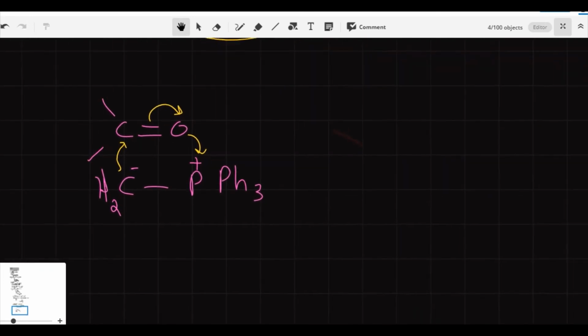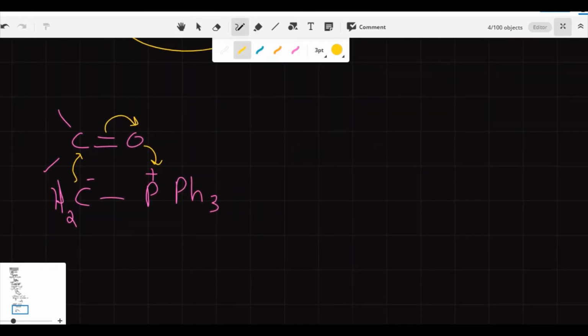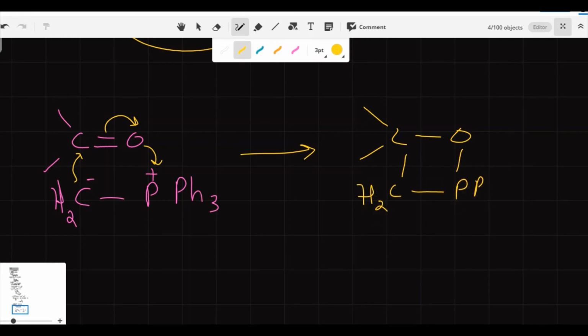An intermediate forms, also known as a tetrahedral intermediate, known as oxaphosphetane.